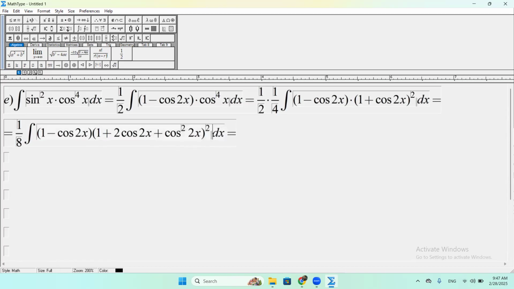And removing the power of 2 here. So now we will reduce cosine square of 2x.